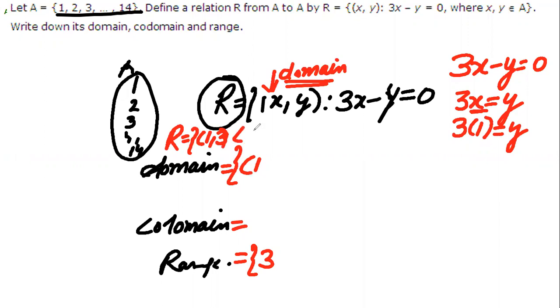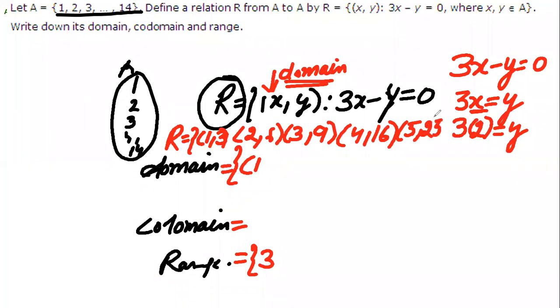Next, when I put 2, 3 twos are 6. Then substitute 3 here, answer will be 9. 4, answer is 12. Many students say, ma'am, infinite numbers will come. No. If I put 5 here, answer will be 15.